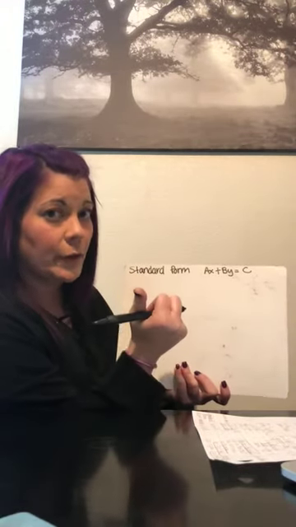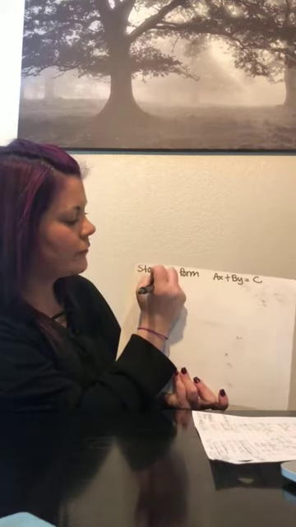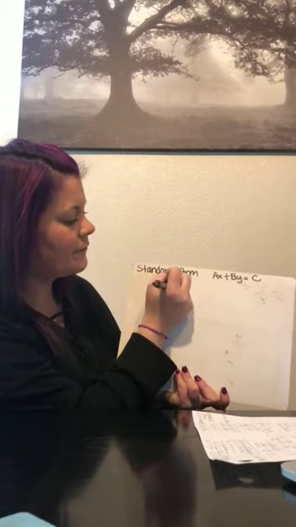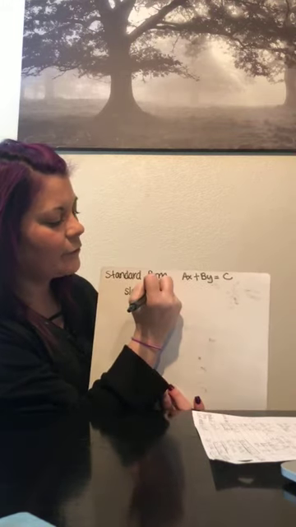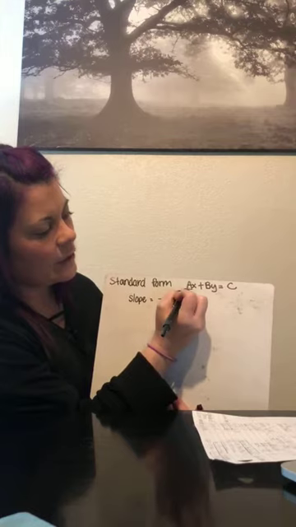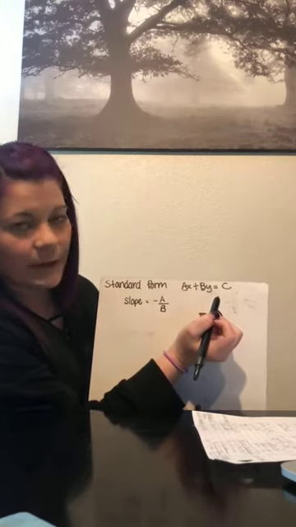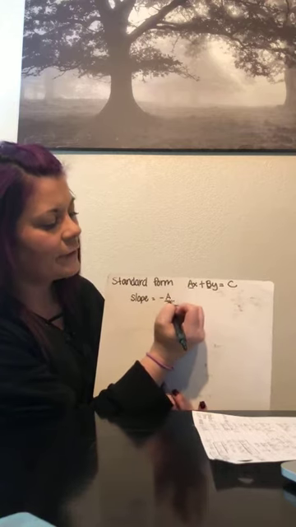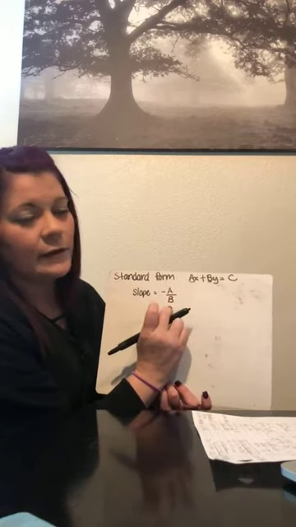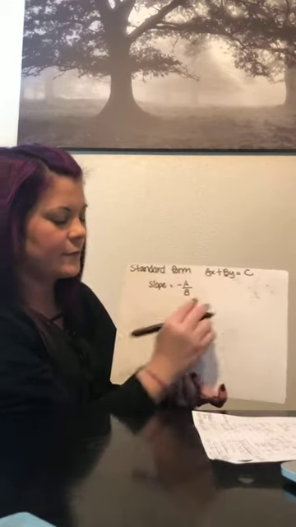It tells you the slope, the x-intercept, and the y-intercept. How you find the slope is you say -a over b. So a is the coefficient of x, and b is the coefficient of y. So you would take the opposite of the coefficient of x over the coefficient of y to find the slope if it's in standard form.